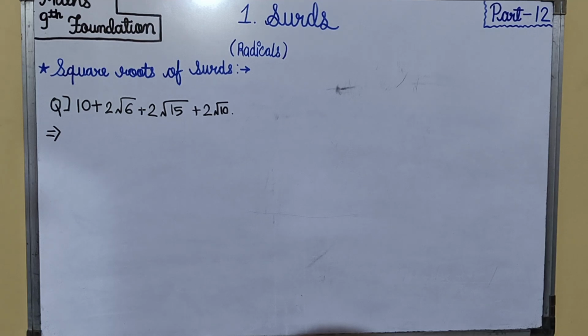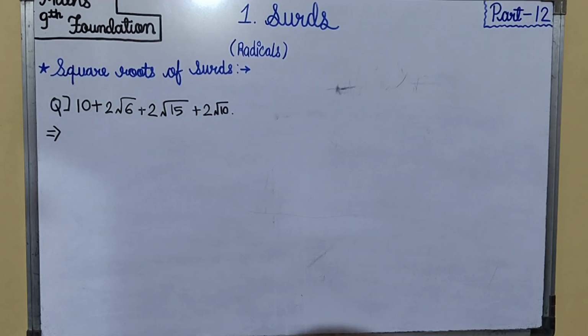In parts 10 and 11 we have seen the square roots of surds where the first number is rational and the second is irrational. But over here there are four terms. First is rational and the other three are irrational. Earlier we have seen only two terms. So what do we have to do in this type of question?